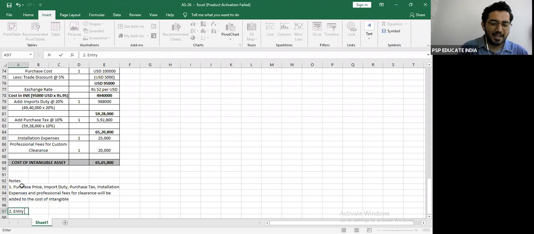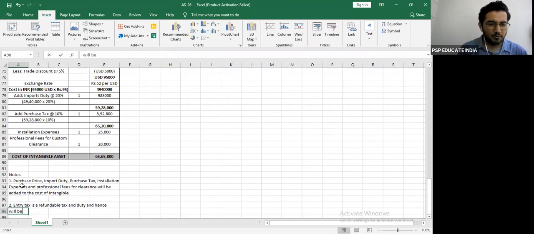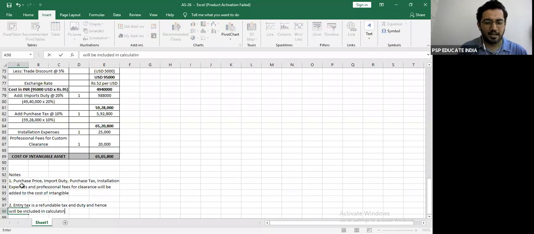Second, entry tax is a refundable tax and duty, and hence will not be included in calculating the cost of intangible.